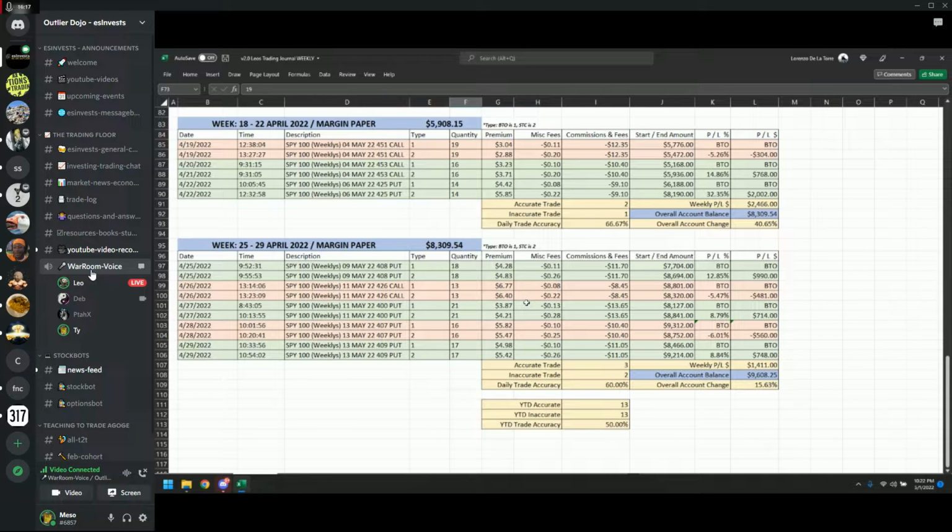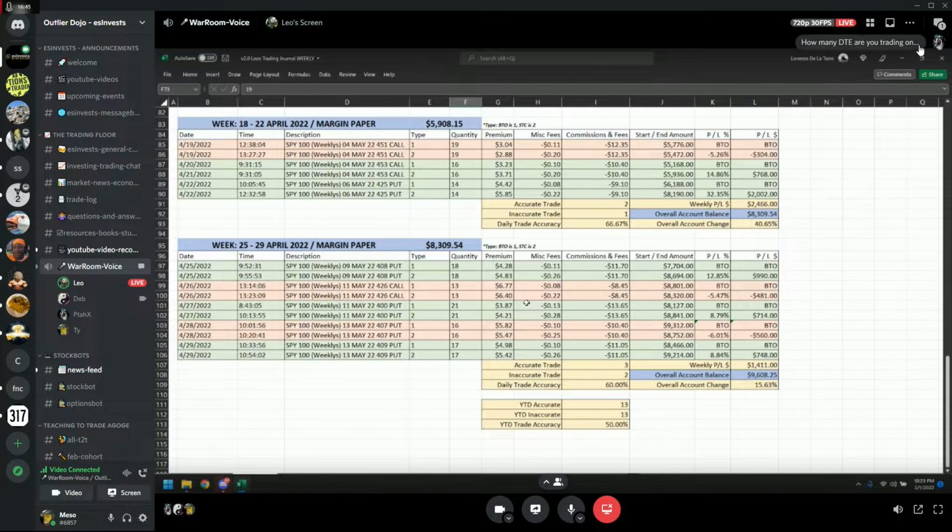And then, the first question: do you have any goals that you're trying to achieve by using this trade log? Other than whether it's profitable or not, or how the account is doing, are there any other goals? Accuracy. Accuracy was a big one for me.